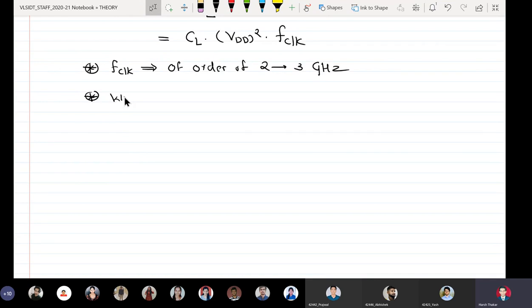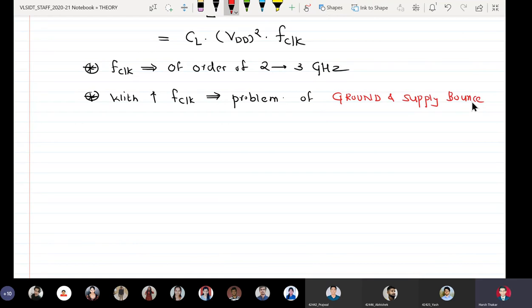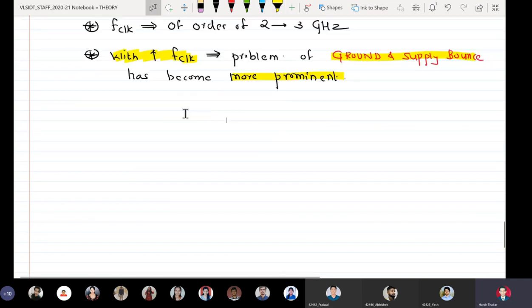So we can say with increasing clock frequencies, the problem of ground bounce has become more prominent.